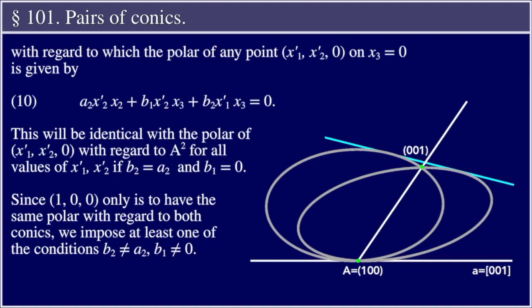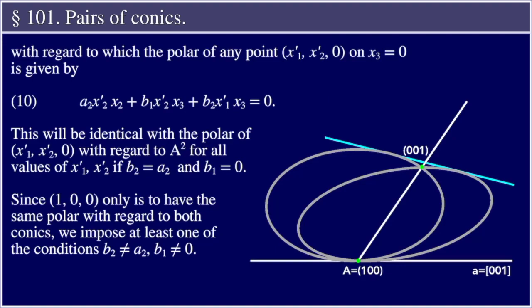This will be identical with the polar of x1 prime, x2 prime, 0 with regard to A squared for all values of x1 prime, x2 prime if b2 equals a2 and b1 equals 0.